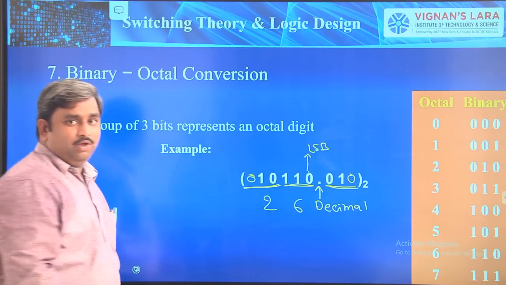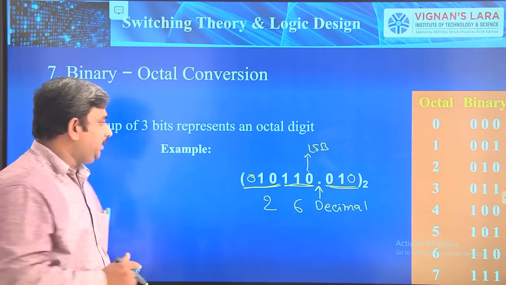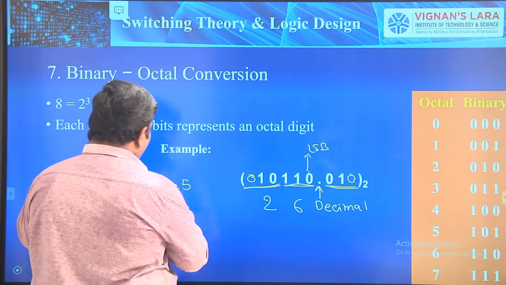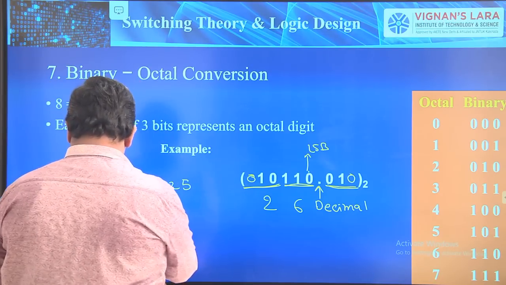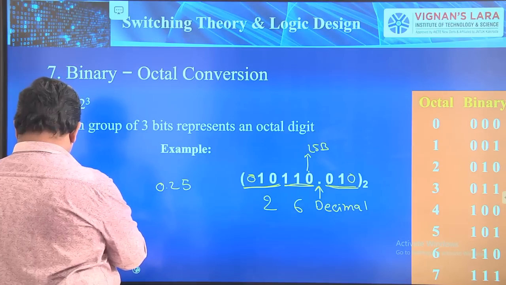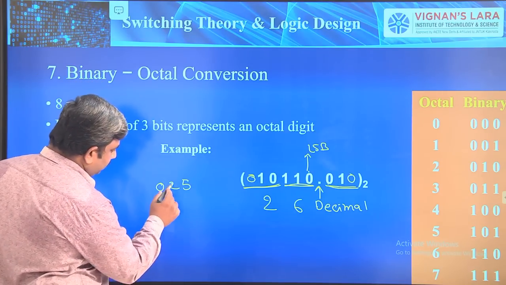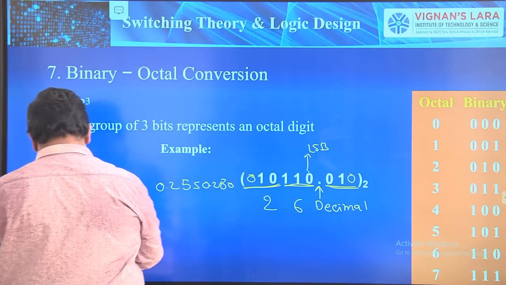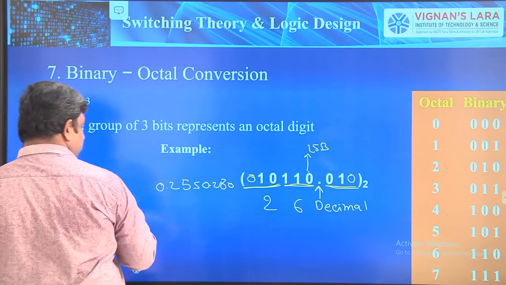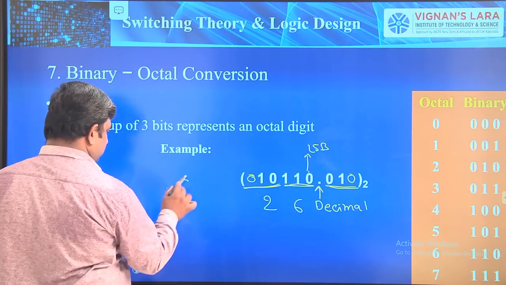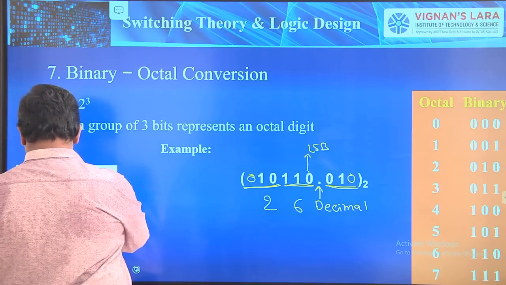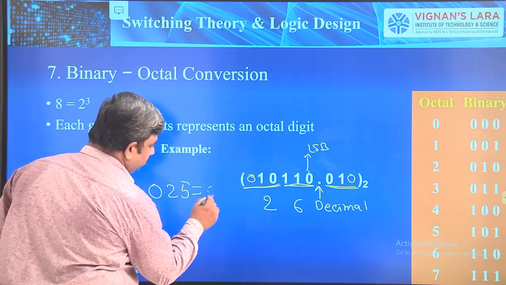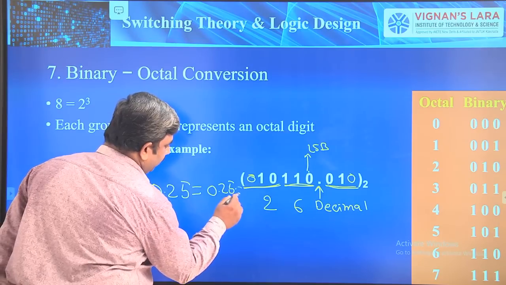Put 0, no problem. For example, 0.25. So .25 is equal to 0.250.